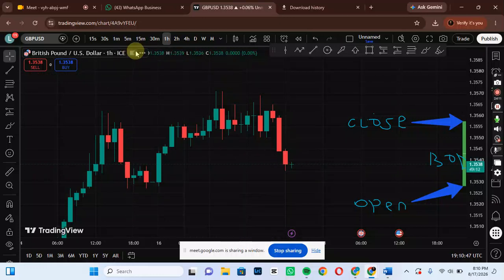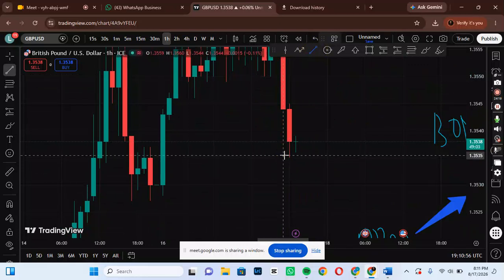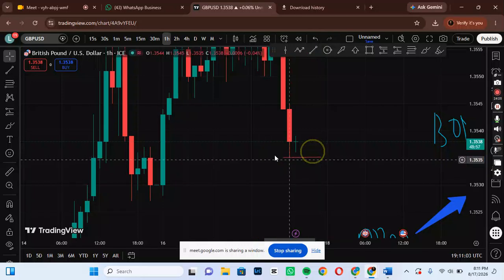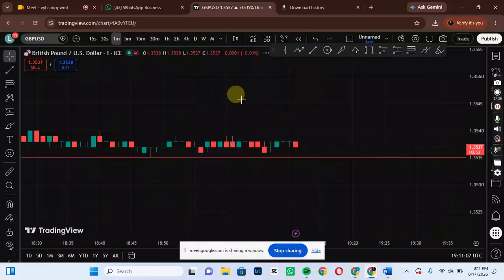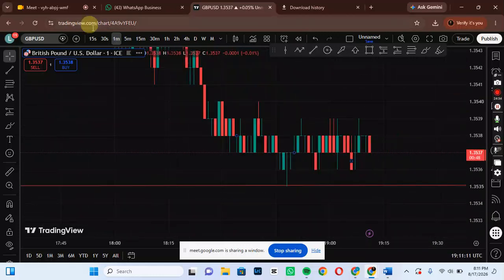If you switch to the 1 minute time frame, you are going to see what happened to this wick. This wick is not just a wick, it's a candle movement, and I'm going to show you here. I've marked that wick there. So let's go to the 1 minute. Are you seeing what happened on the 1 minute?